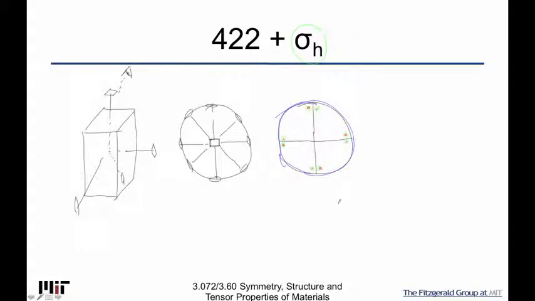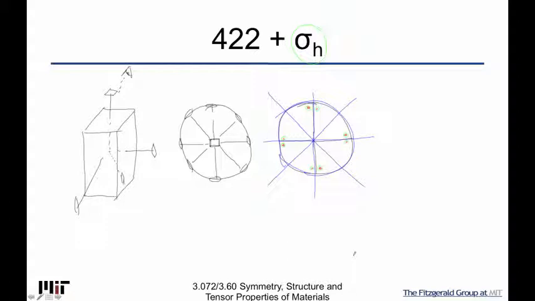And of course, when you recognize that, that tells you it's producing mirror planes now along the twofold axes in this direction. It also tells you it's producing mirror planes along the other twofold axis in the other direction. Right, so all of a sudden we end up with mirror planes everywhere.